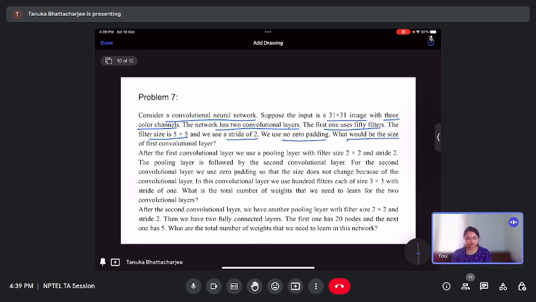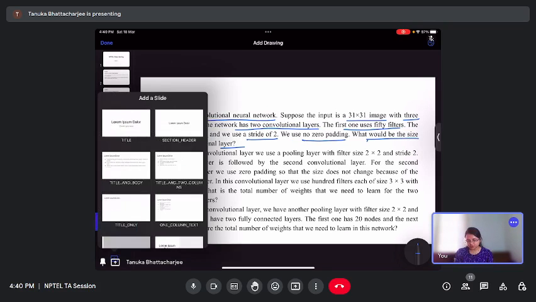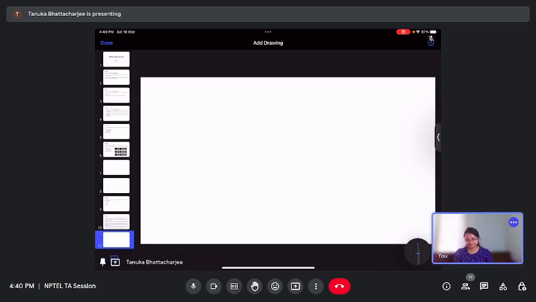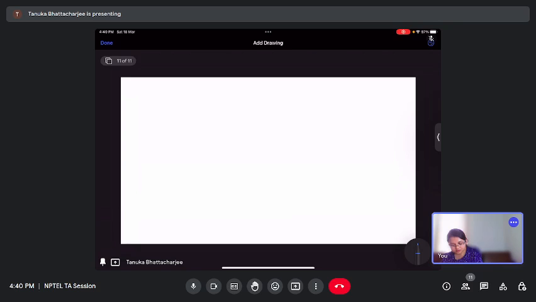Then what would be the size of the output of the first convolutional layer? So here our input dimension is 31 cross 31 cross 3. This is our input matrix shape, a 31 cross 31 image and 3 channels. So in total we will have a 31 cross 31 cross 3 matrix.